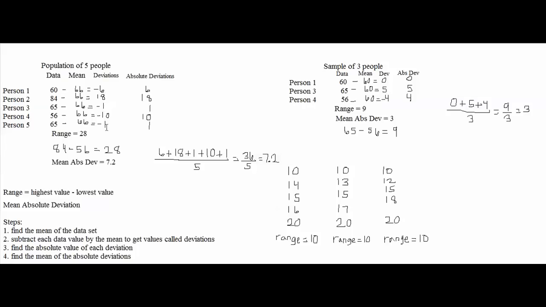And that'll actually always happen, no matter what list of numbers you're dealing with, the deviations always add up to 0 because the negative numbers and the positive numbers cancel out. So if you tried to add up these numbers on your own, you would see that they add up to 0. And if you tried to add up these numbers, they should also add up to 0.